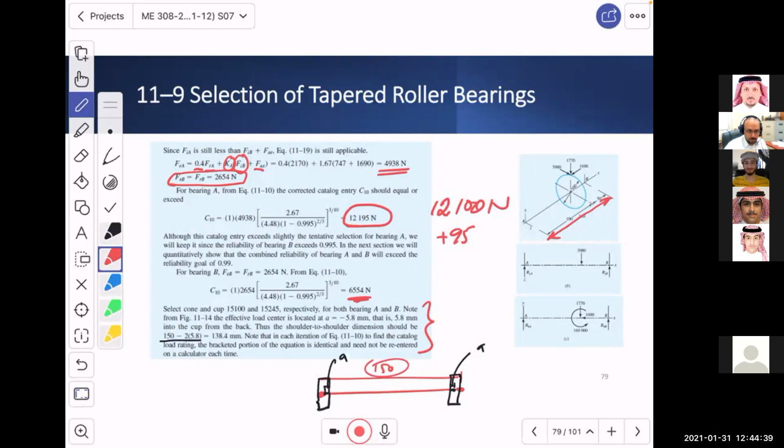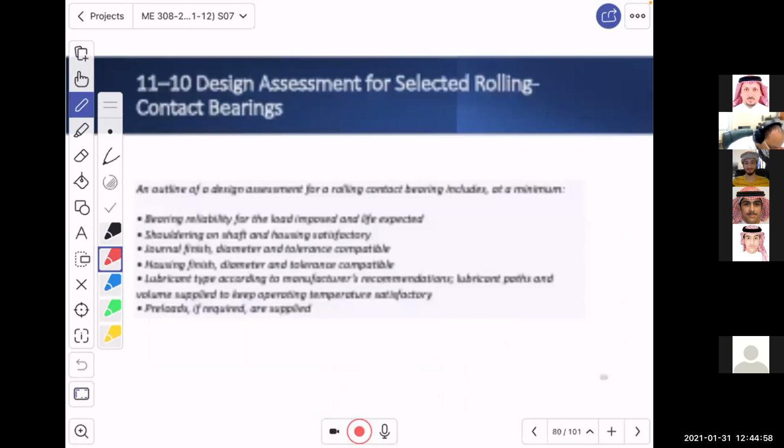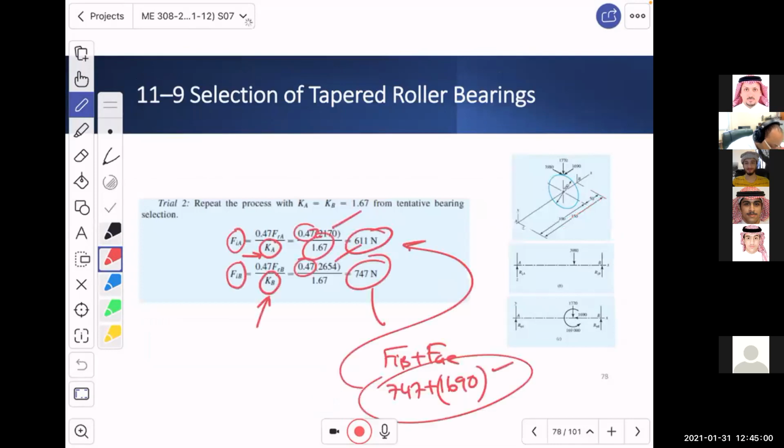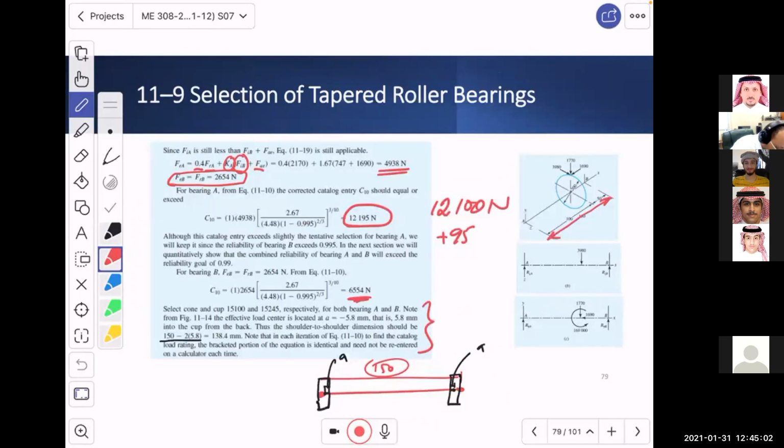Yes, Doctor. How do we judge if the load that we got, 95 Newtons more, is manageable or not? Okay, here it says, let me show you. Look what it says.